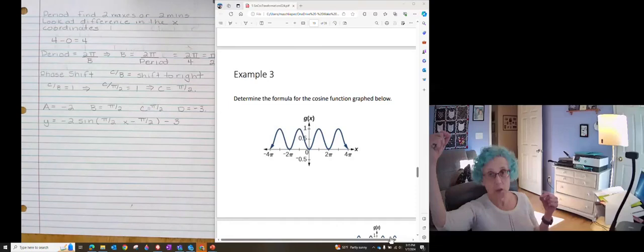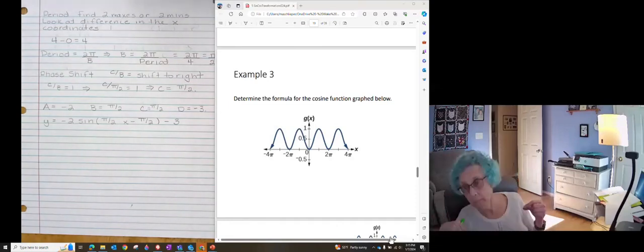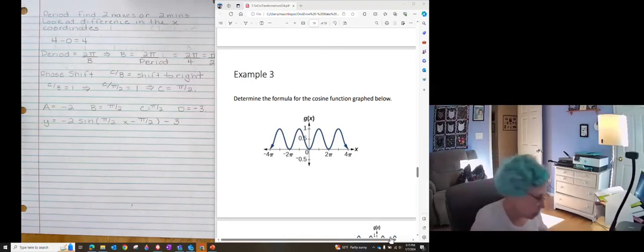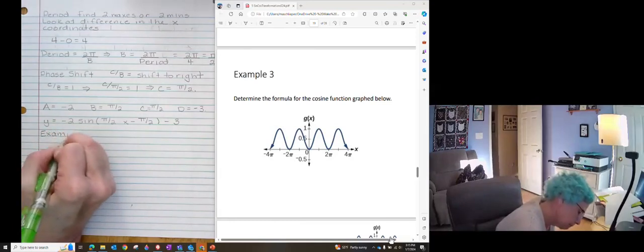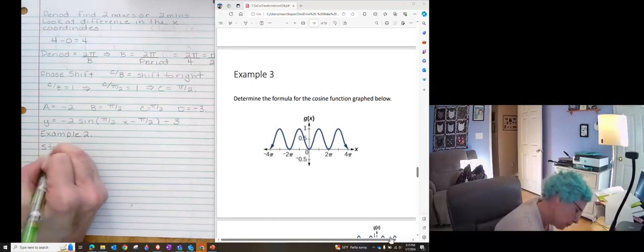If it starts at a min, it has a negative a. So you have choices. I see a min there at the origin, and if I start it at the origin, then I won't have any phase shift. So I'm going to choose that one. So I've chosen my starting point.